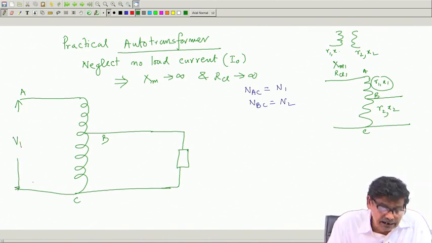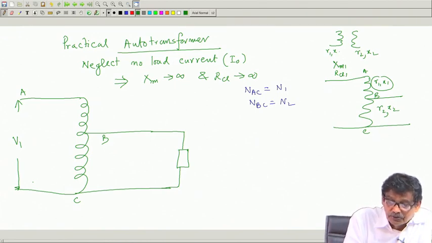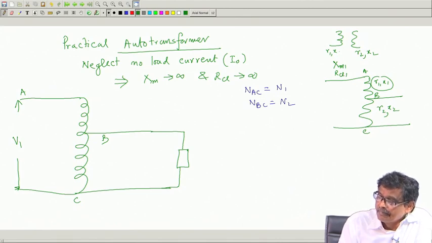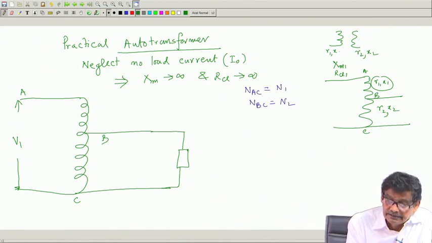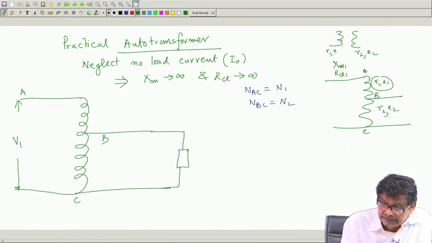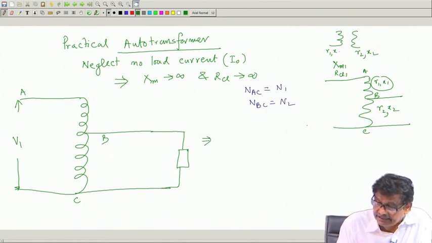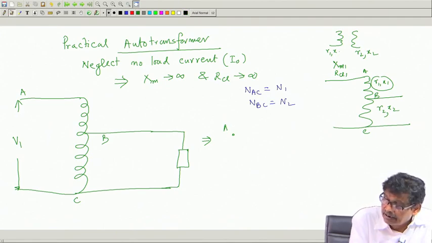Earlier when these things were not present, V 1 was equal to the induced voltage here, V 2 was equal to induced voltage here. Therefore, we can easily see that if I want to show this resistance and leakage reactances, I must draw it like this. A point, I will draw it slightly higher place.